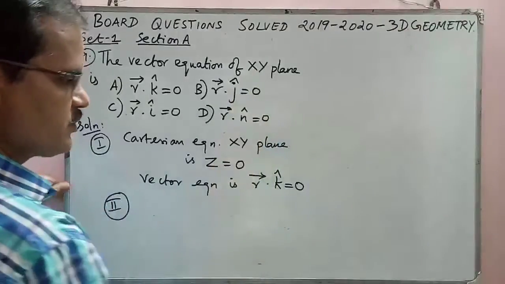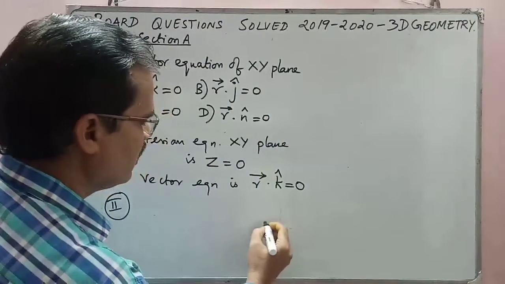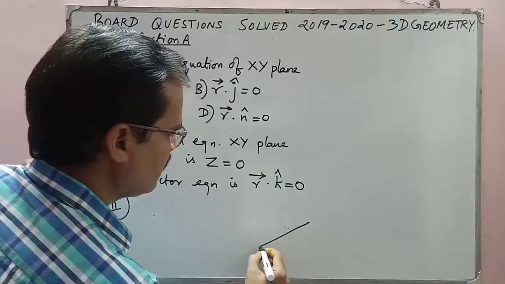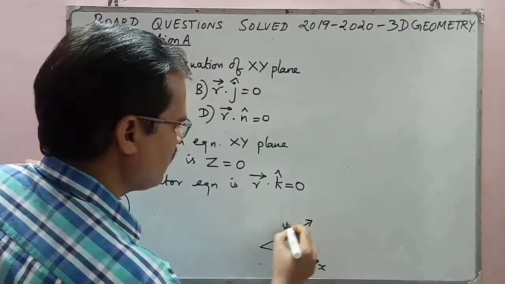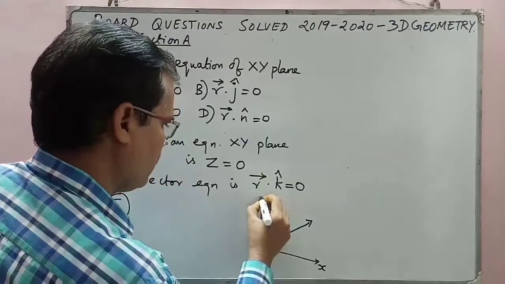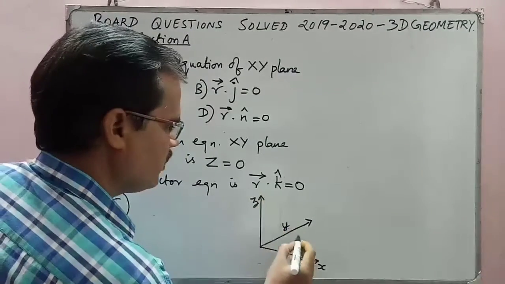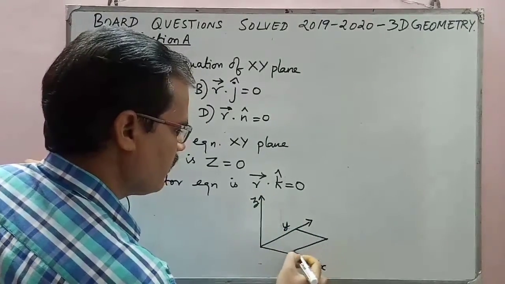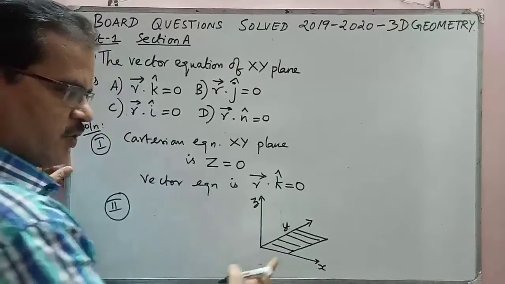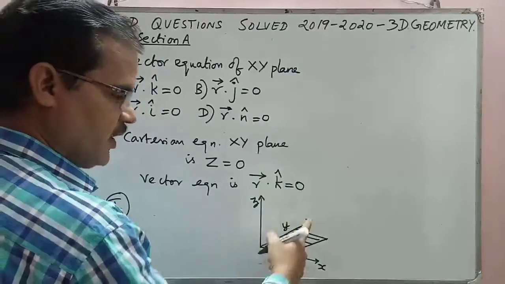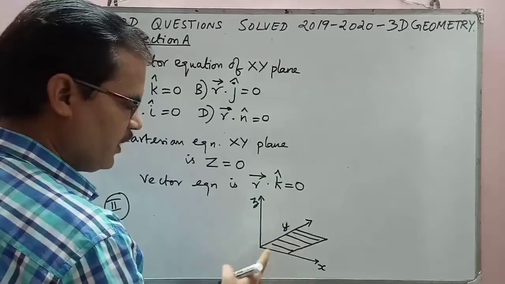Now I am telling you the second method. Let us draw the xy plane. This is our xy plane. They are all mutually perpendicular to each other, that you know very well.